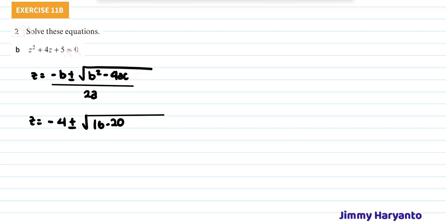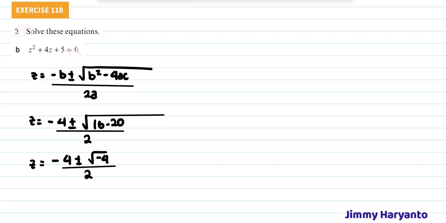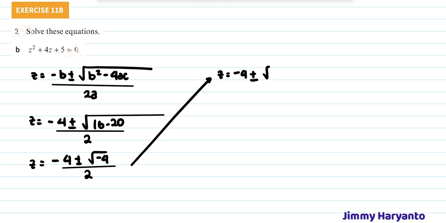So this is minus 20 over 2 times 1, which equals 2. And then after this, negative 4 plus minus square root of negative 4 over 2. And then I will separate the negative 4 like this. Negative 4 plus minus square root of 4 times square root of negative 1 over 2.